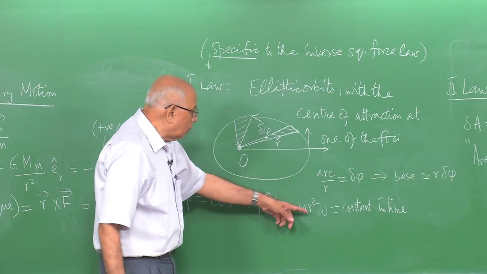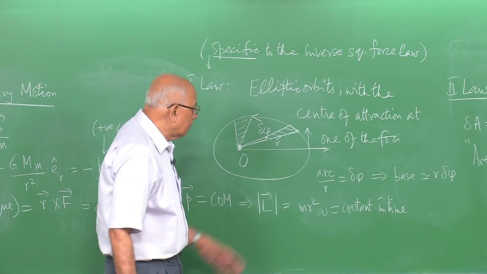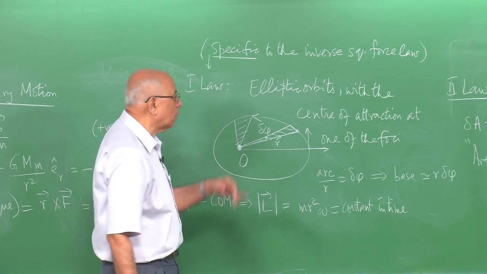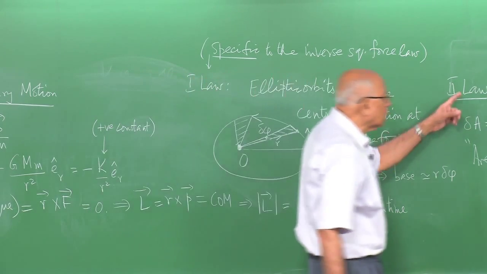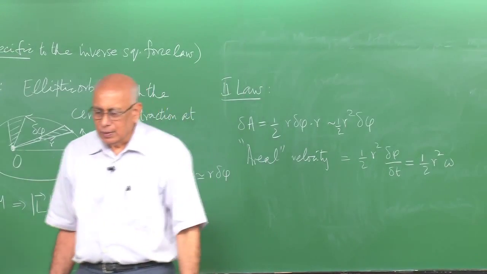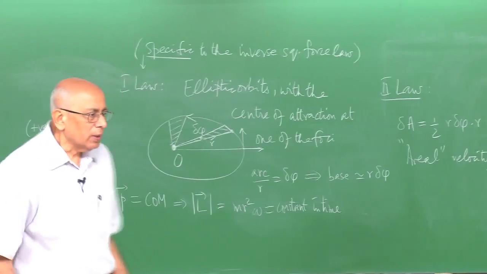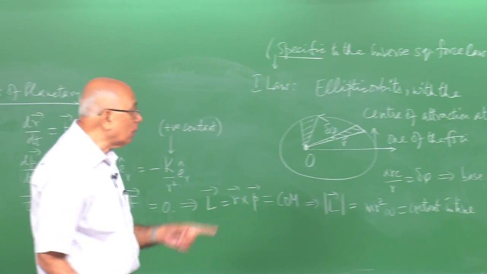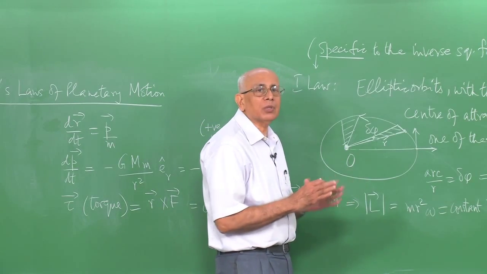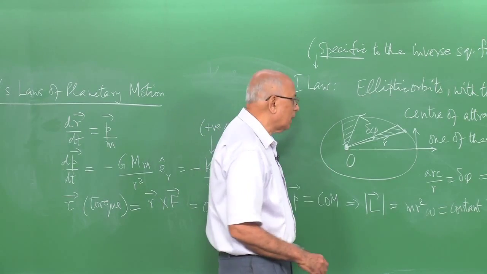So you have omega r squared is constant in time, times m, which is a constant, by the conservation of angular momentum, and the second law says half r squared omega is a constant in time, saying essentially the same thing. So it says while omega may change and while r may change, the combination r squared omega does not change. The product r squared omega doesn't change.